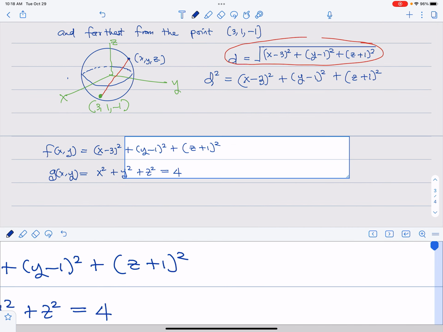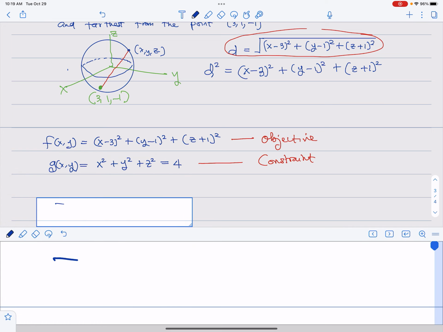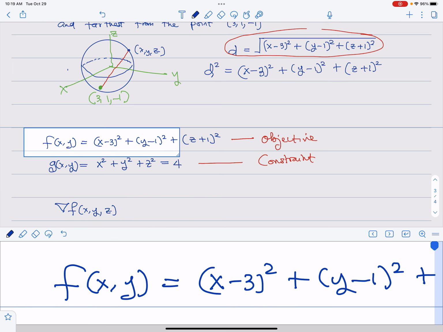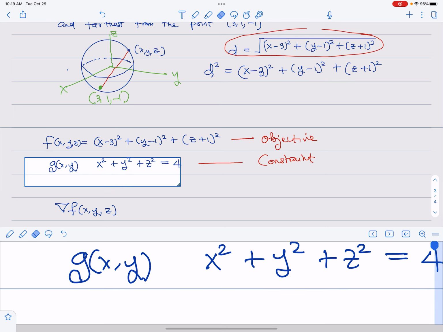So now let's go with the Lagrange multiplier method. We want to find the gradient of f. Actually, this is a function of 3 variables. Ooh, this is fun. So this is z here, and this is z here.